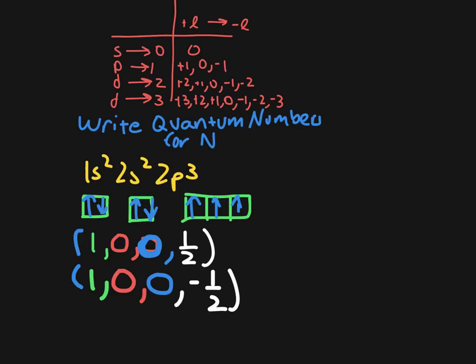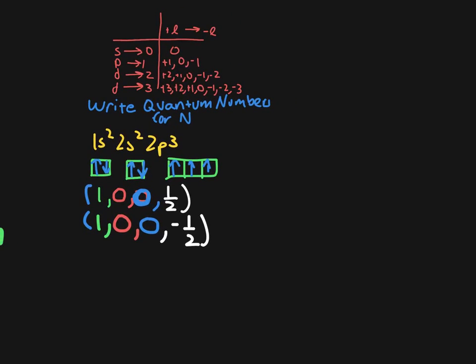So now let's go into our 2s2. I'm going to change colors here to make it a little bit easier to see. This one, now we have a second energy level. It's still an S, so it's going to be a 0.